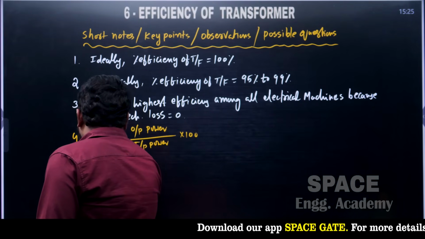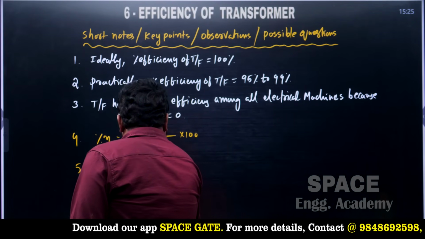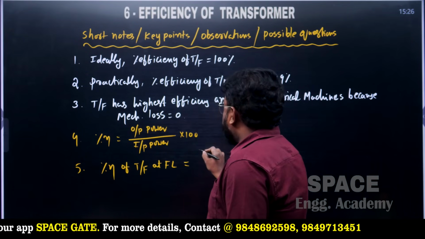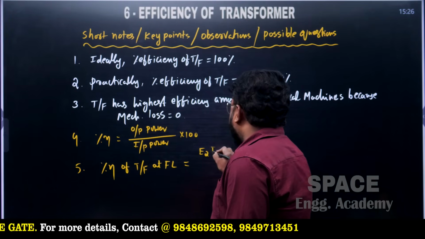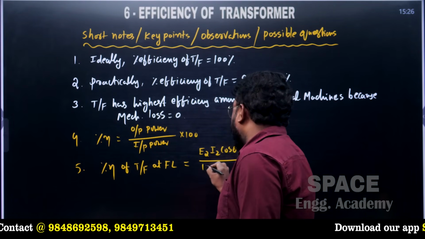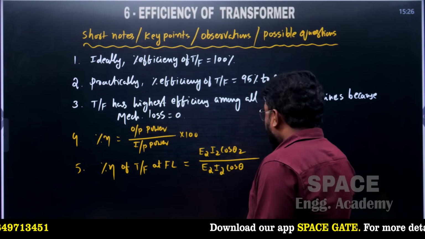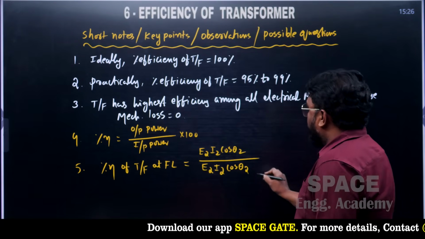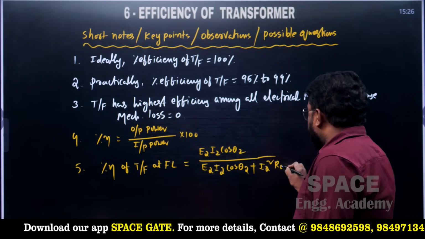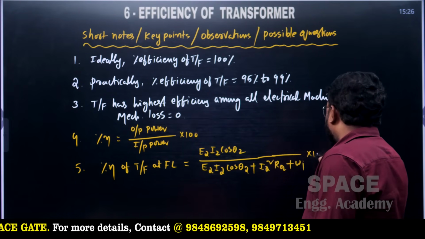Now the percentage efficiency of the transformer at full load condition can be written as E2 I2 cos theta 2 divided by E2 I2 cos theta 2 plus I2 square R02 plus iron losses, multiplied by 100.